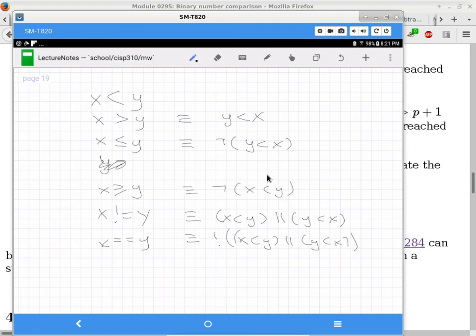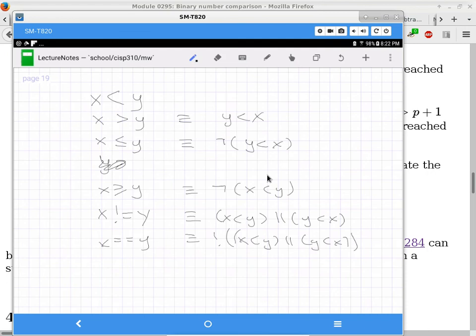But is this convincing you that if I can have just the circuit for confirming whether something is less than something else, it's enough to implement all of the other types of comparisons? Cool. And of course, everything here can be boiled down to NAND gates. Just to double check, this works for both signed and unsigned, right?